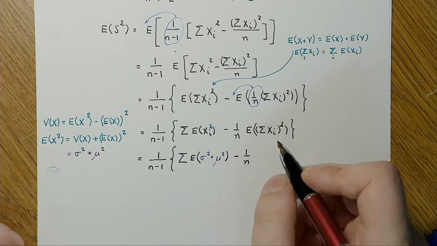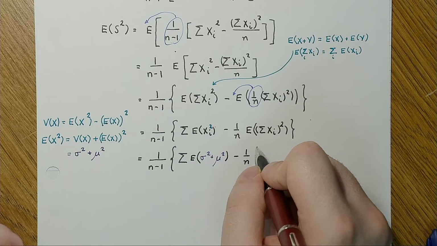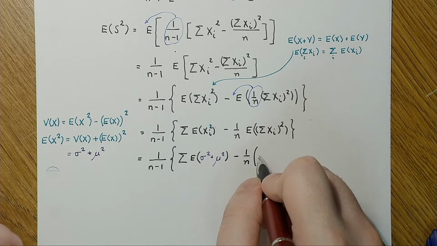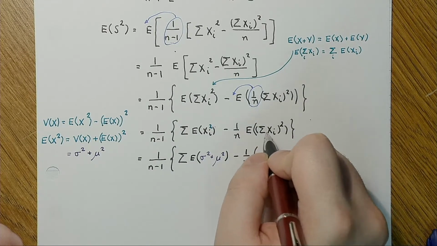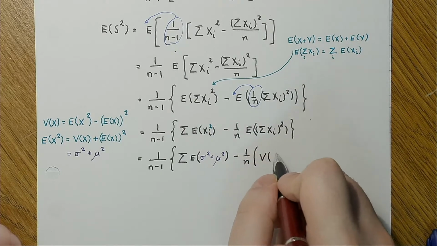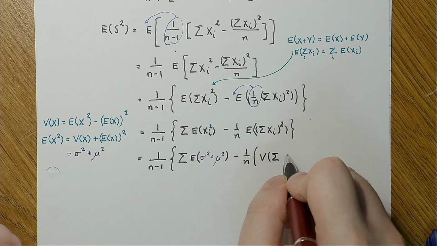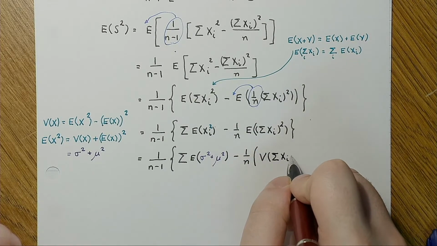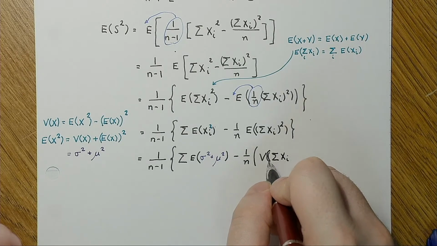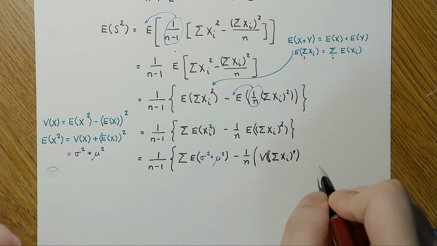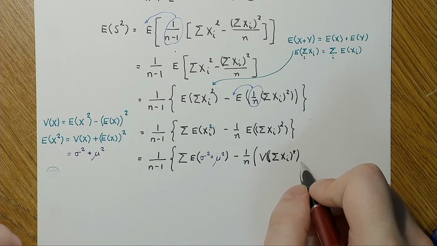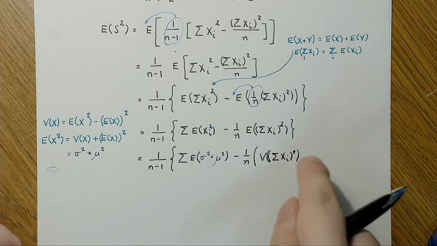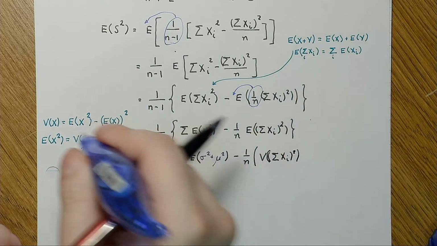And over here, what I have is V of, so I can treat this like a random variable. So I have V of the sum of Xi. Oh no, not squared, because I need to follow this formula.